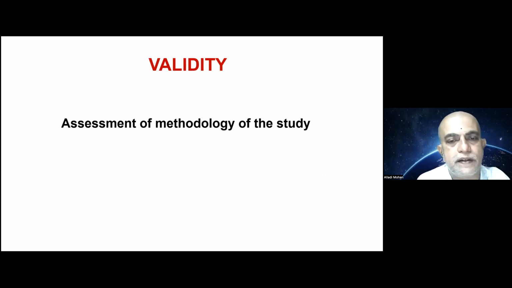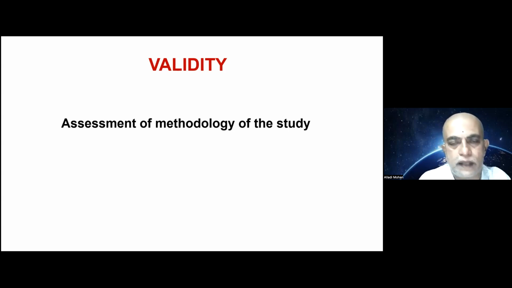It is very much essential for you to understand the methodology, because if the methodology is inappropriate, the case definition is inappropriate, the gold standard for diagnosis is inappropriate, the method of assessment is inappropriate, then the whole conclusions will go for a toss.